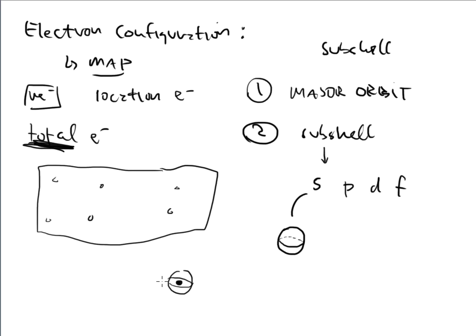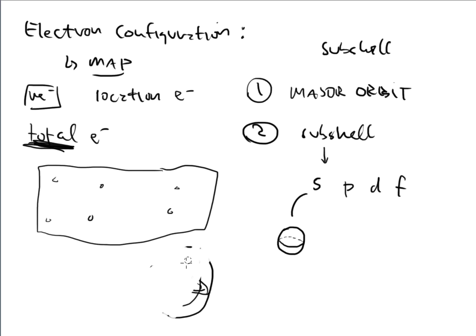Now, that S subshell can get bigger and bigger, depending on the atom. So it could be a sphere that's really close to the nucleus, or a larger sphere that is a little further away from the nucleus, or even a bigger sphere that goes even further away. But that is the general shape of S, a sphere.